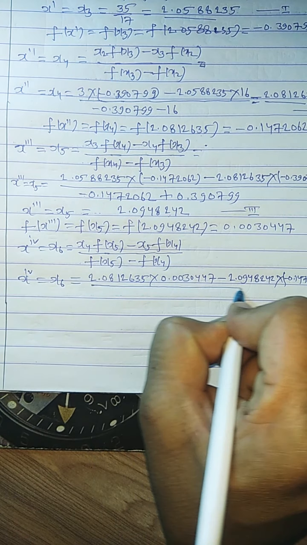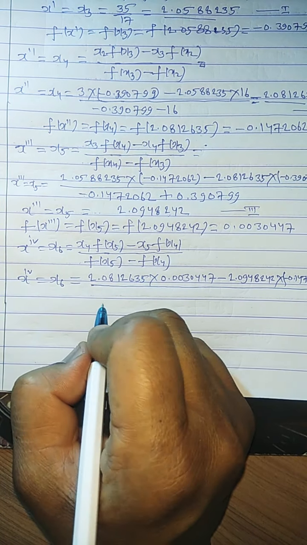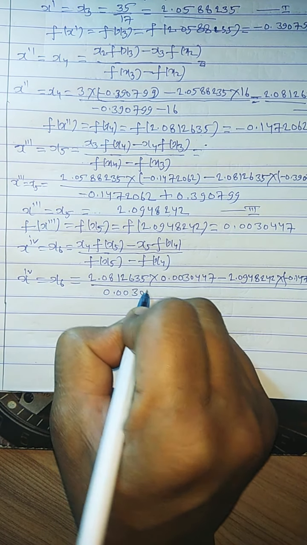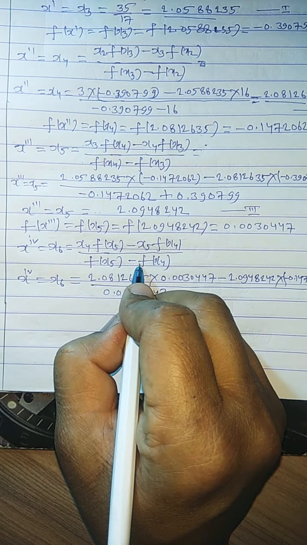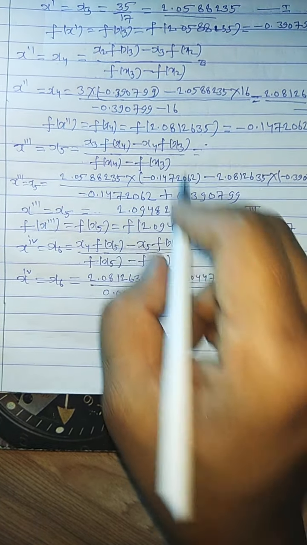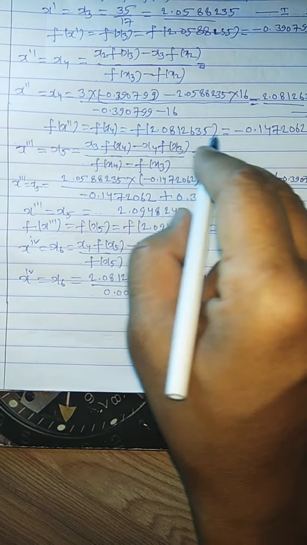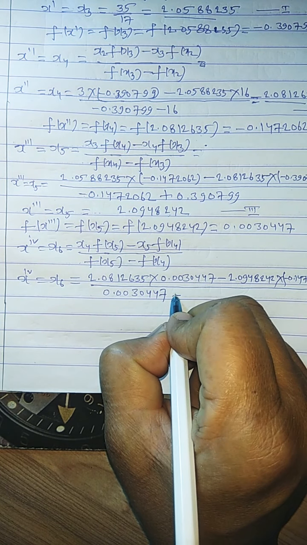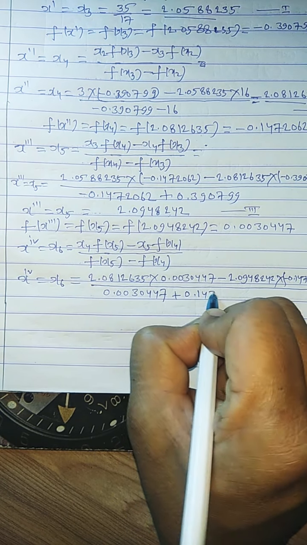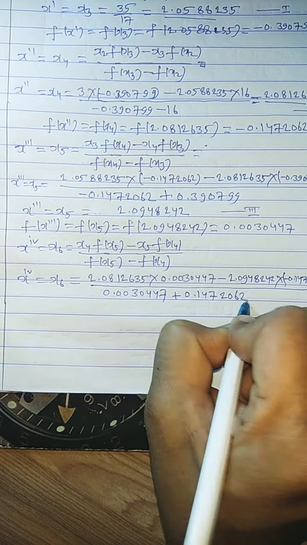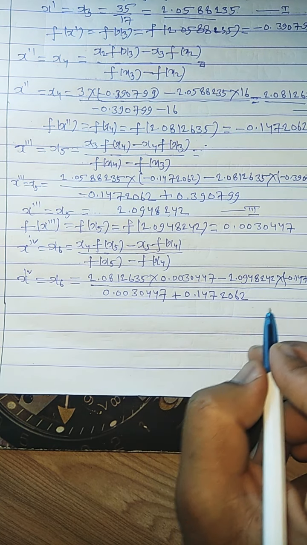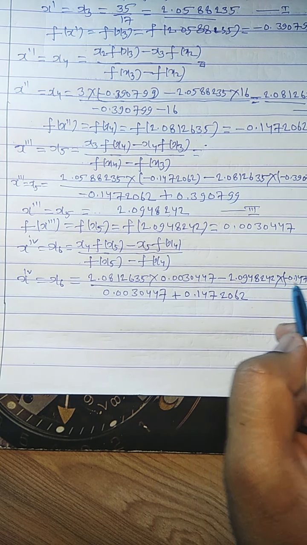Upon f of x5, which is 0.0030447, minus f of x4, at the point 2.0812635, it is minus plus, we get here 0.1472062, and here we get a positive value.